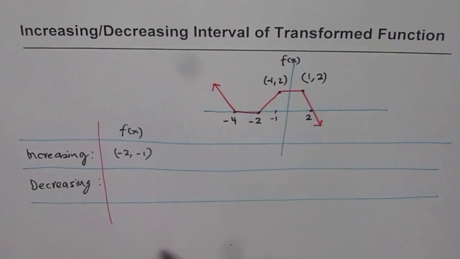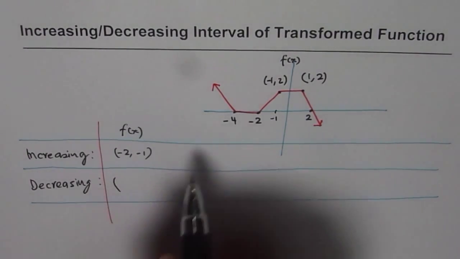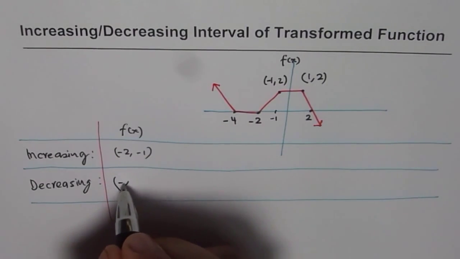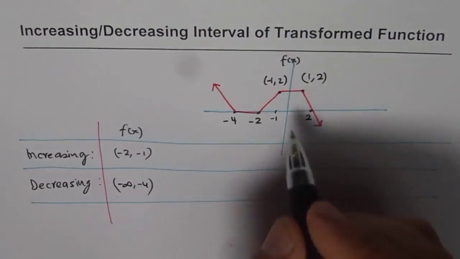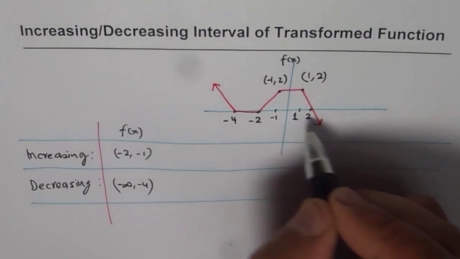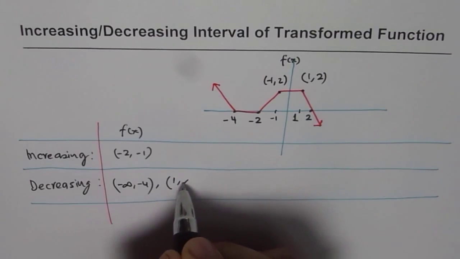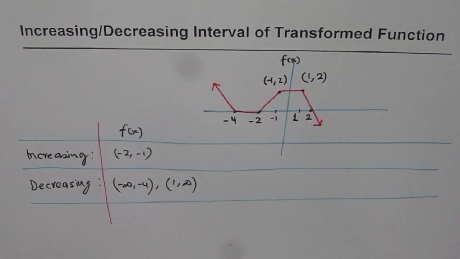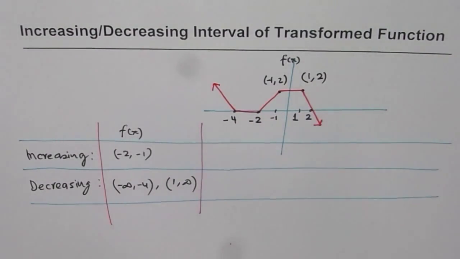And the decreasing interval is from minus infinity to minus 4. It is constant here. And then it is decreasing from 1 to infinity, right? So that is the interval during which the given function is increasing or decreasing.